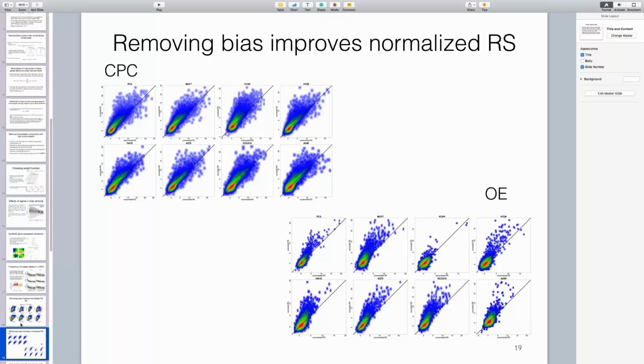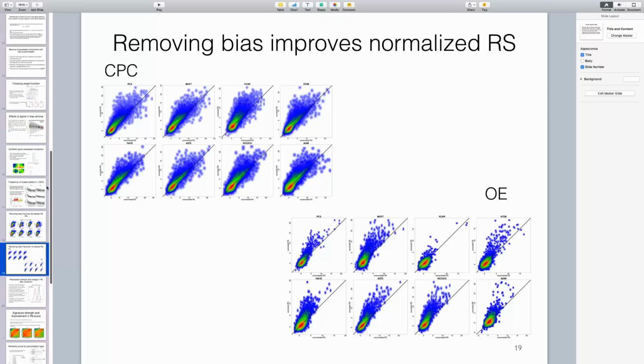So what we really have to look at are the samples that already have some residual reproducibility, and then ask if they improve. So for the overexpression, it's pretty easy to see that if they start off with a reproducibility of 5, let's say, they have a much higher reproducibility after correction. For the drug perturbations, it's a bit hard to see in these plots, so I'll talk about that in a slightly different way.